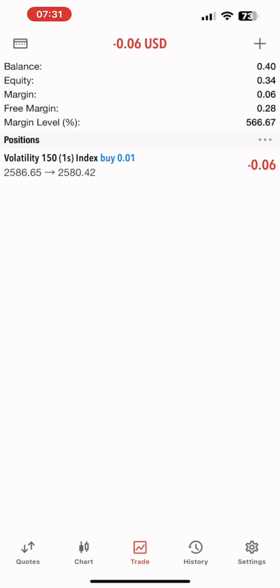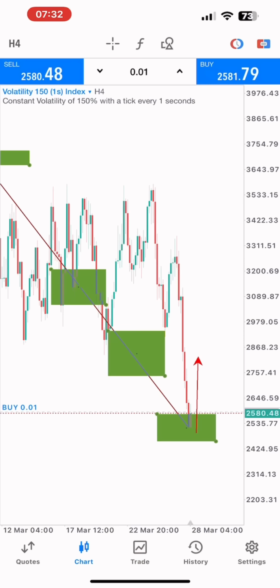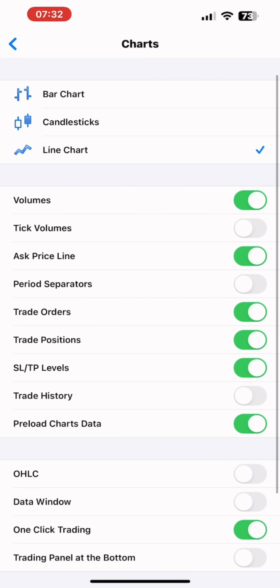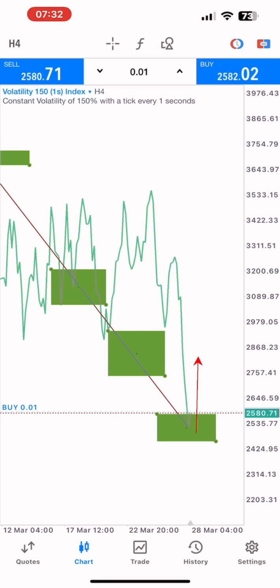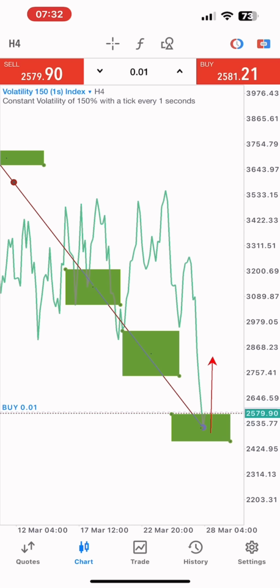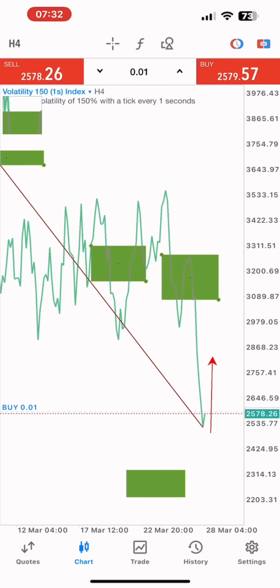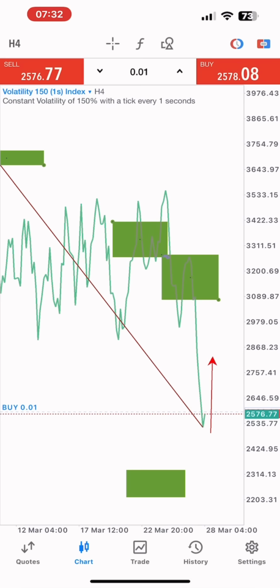You see, with one position I've managed to open one position with a margin of 0.06 cents, which means that with just 0.4 cents I can be able to open more than 4 positions on this small amount. Okay, so that's the reason why I like to raise my account using the volatility 151s.